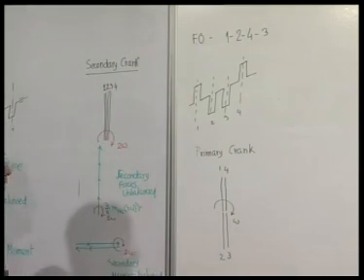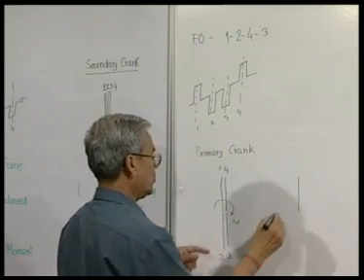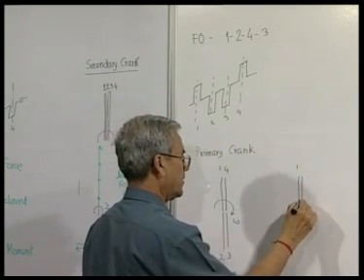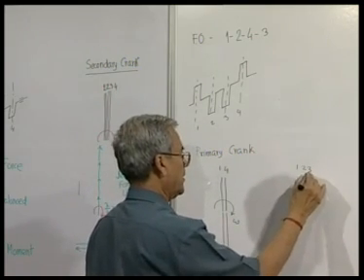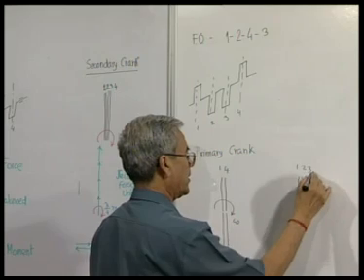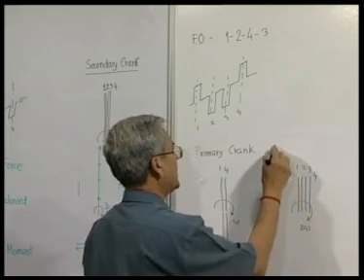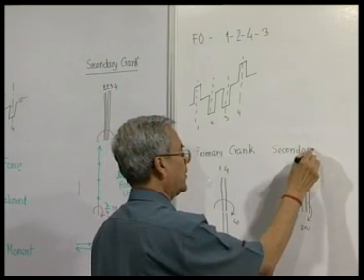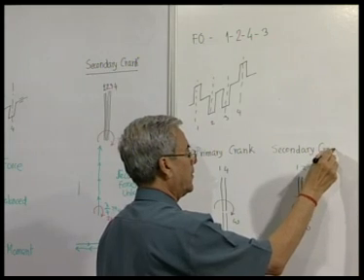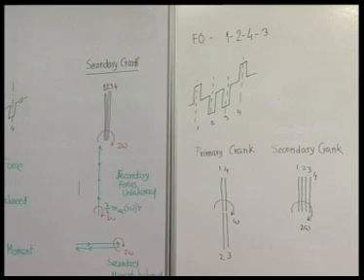And secondary crank, 1 will be here itself, 2 will be also here, 3 will be also here, 4 will be also here, and the whole thing is rotating at 2 omega. This is the secondary crank. The interesting thing will be now if we draw the force and moment diagrams.